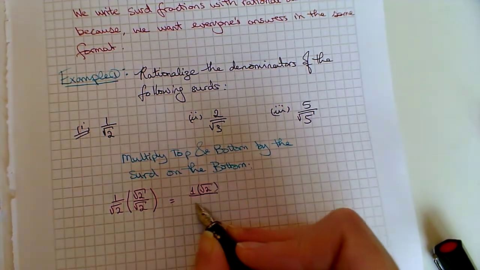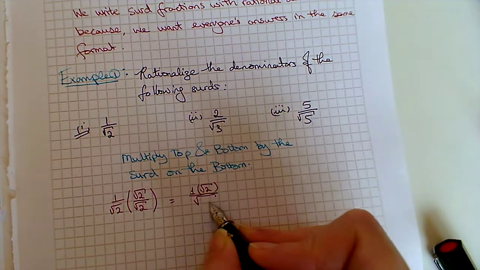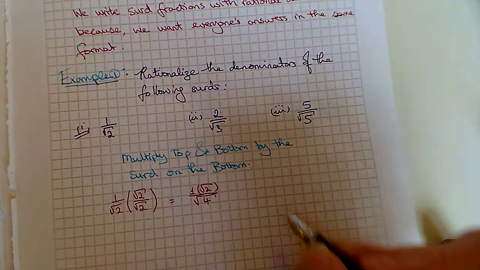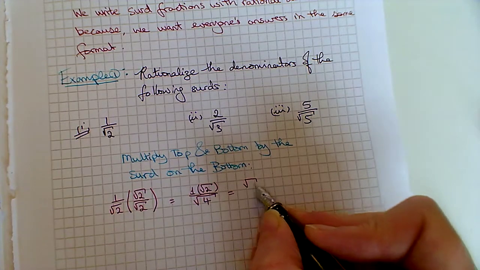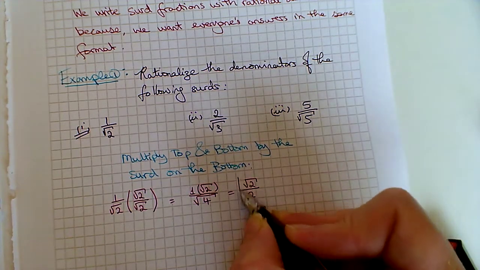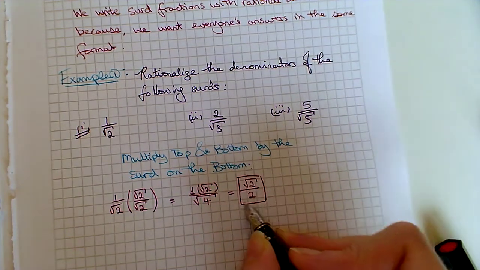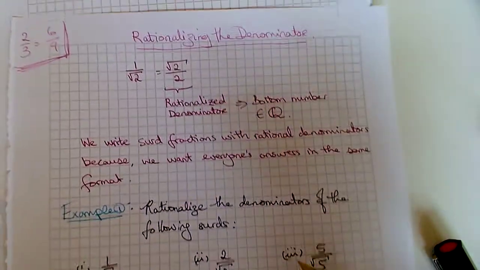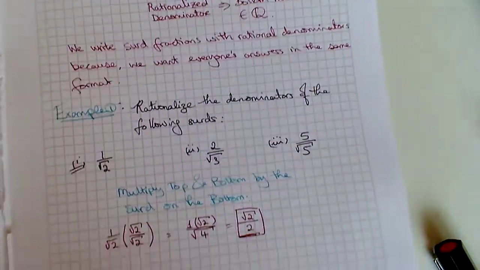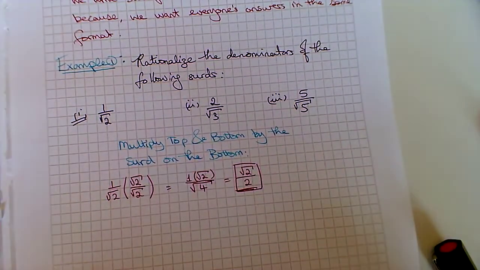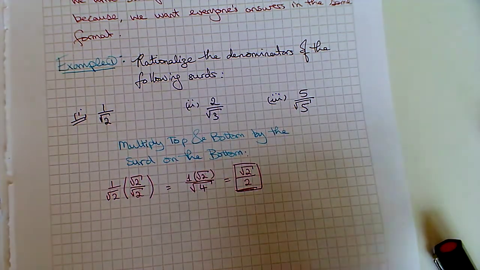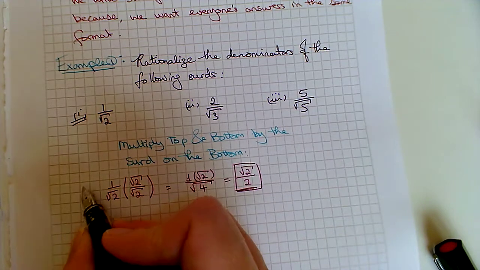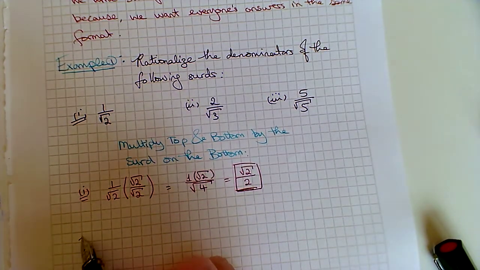And on the bottom, root 2 by root 2 is the square root of 2 by 2, the square root of 4. But the square root of 4, of course, is just 2. And that's exactly what our calculator was showing us earlier. So we've rationalized the denominator. We don't mind that there's a surd in the numerator. We only care that the bottom number doesn't have a surd.